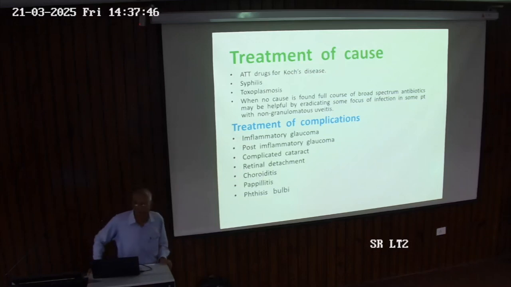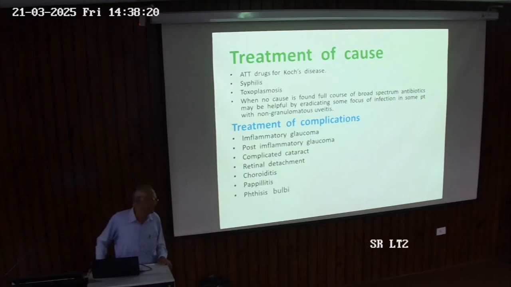Complicated cataract. If the complicated cataract is causing diminished vision and the patient is unable to work, remove the cataract, implant the lens, and that will be treated. Choroiditis, retinal detachment, treat as a posterior segment surgeon, with steroids and vitrectomy or like that. Papillitis, uveitis, all steroids and anti-inflammatory drugs.